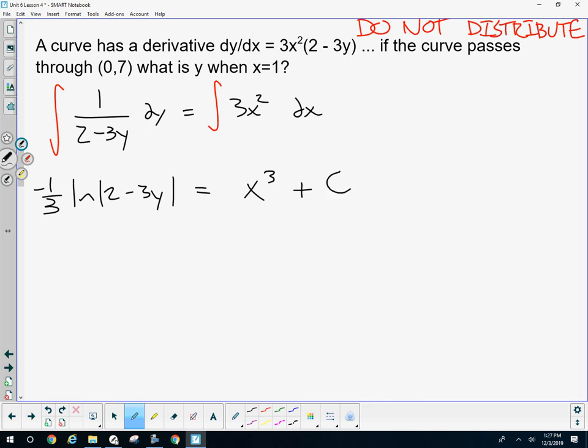Don't forget to take the antiderivative of the right side. I will just go through quickly solving. I'd multiply everything by negative 3. I would take e to the power of both sides.